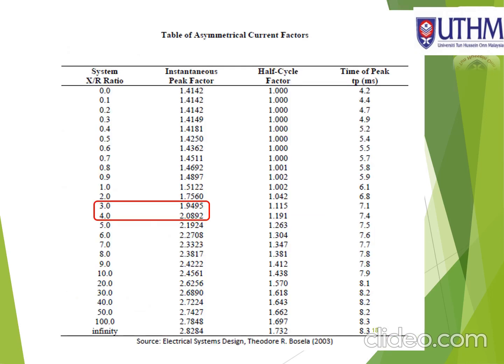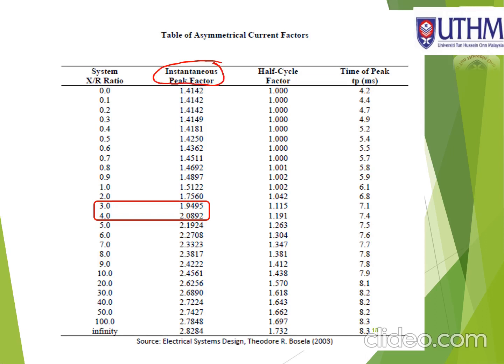Next for question B, we have to calculate the maximum instantaneous peak current value. To solve this, we first have to find the value of the instantaneous peak factor, so we refer to this column.